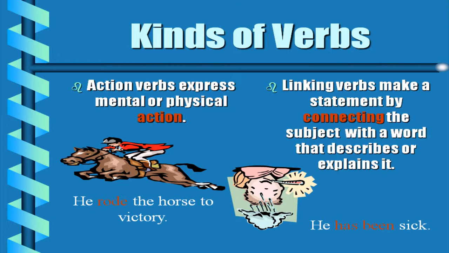Action verb expresses mental or physical action. For example, he rode the horse to the victory. And the other one is linking verbs. Linking verbs make a statement by connecting the subject with a word that describes or explains it. For example, he has been sick.